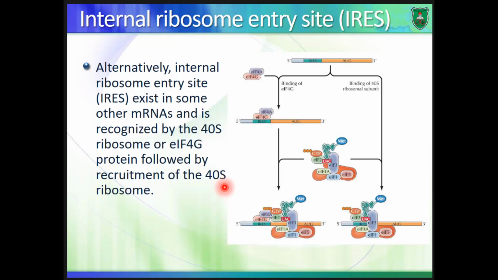Furthermore, this slide is talking about an element, a sequence, which is known as internal ribosome entry site, IRES. That sequence, بالإيكاريوت, it recruits or binds the initiation factors, sequence معين, and based on it, the translation machinery is recruited as well.